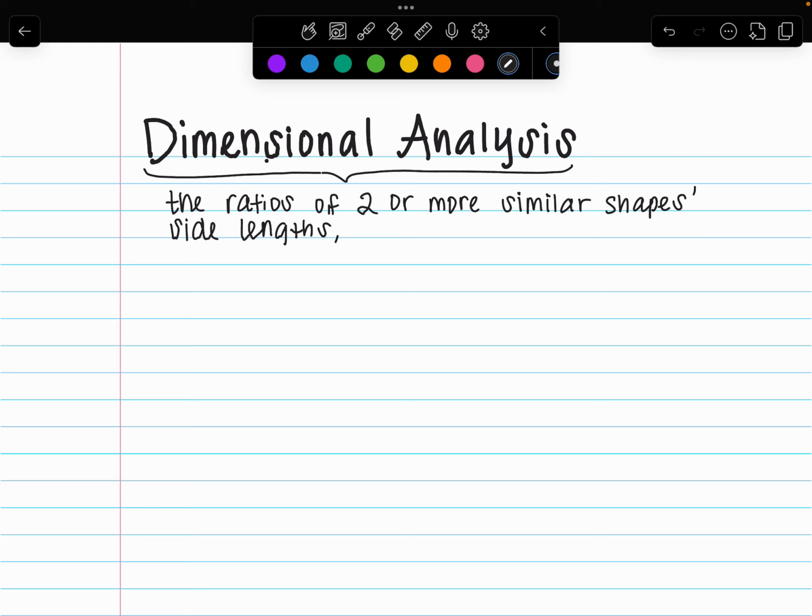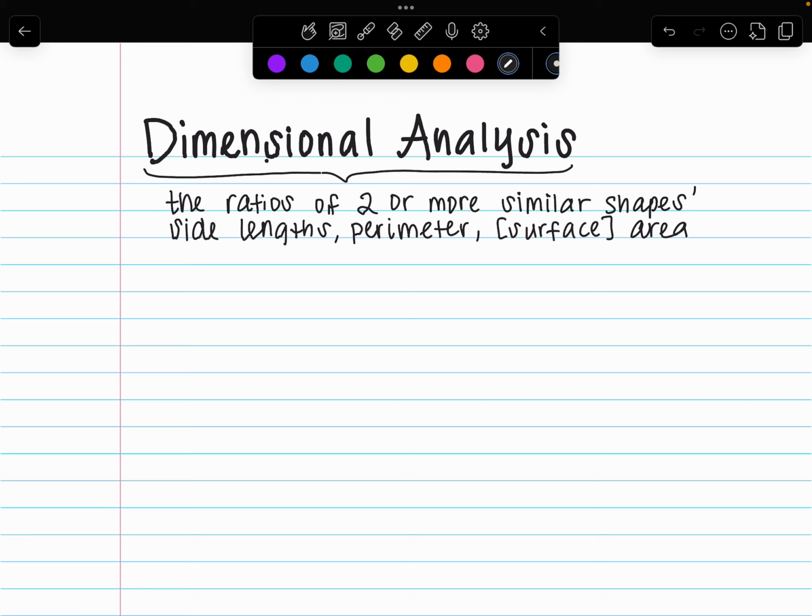We're going to be looking at the ratios of two or more similar shapes: side lengths, perimeter, area or surface area.